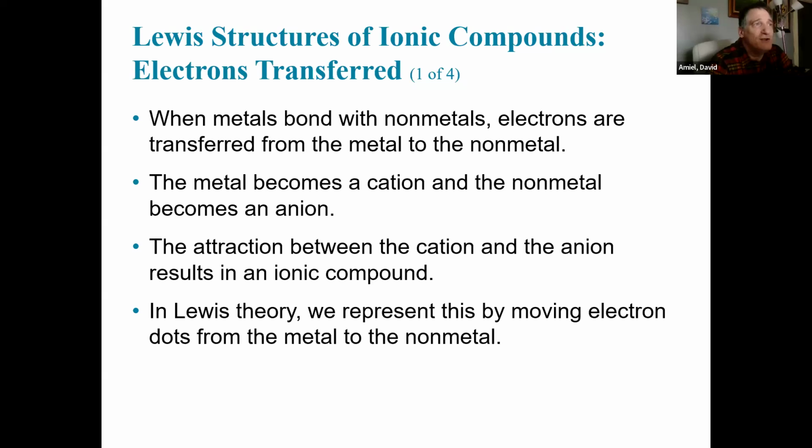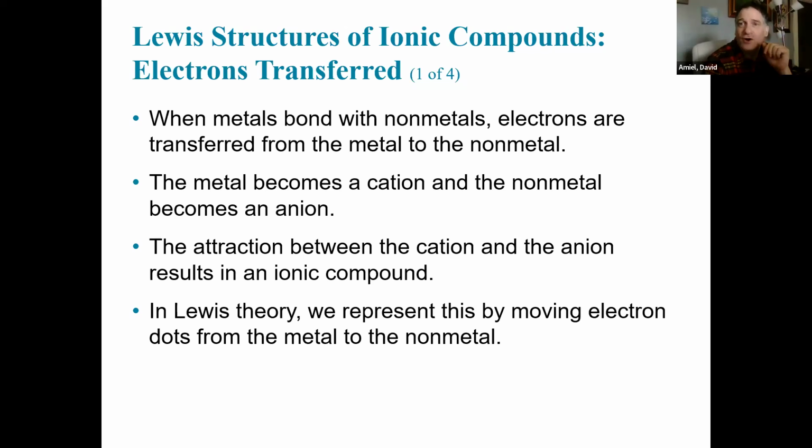When metals bond to nonmetals, these are called ionic bonds. We had some homework problems in one of the chapters that just asked you to assign whether a compound was ionic or covalent. It was ionic if it's from the far left and the far right. Sodium chloride, sodium group 1, chlorine group 7, a metal and a nonmetal will combine to make an ionic bond.